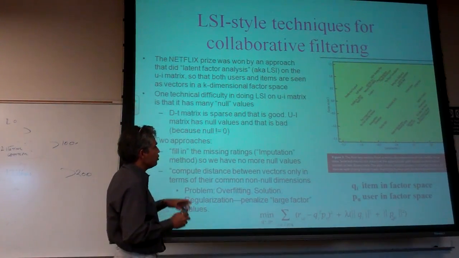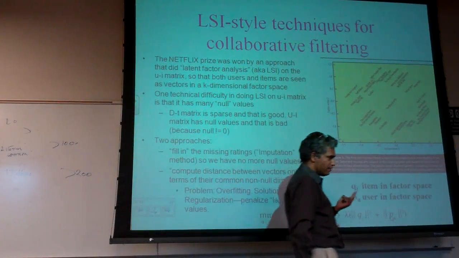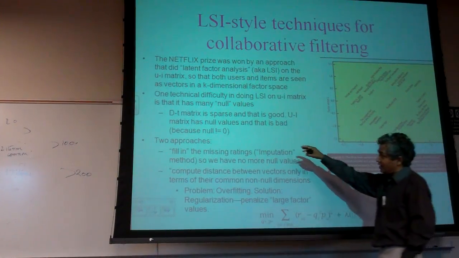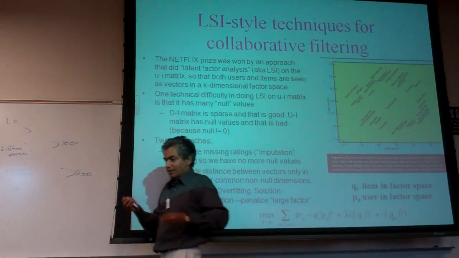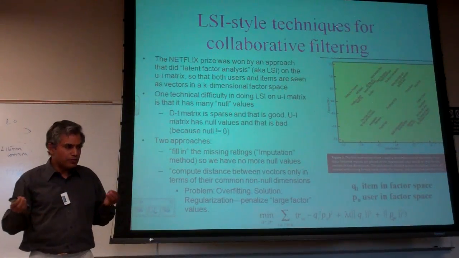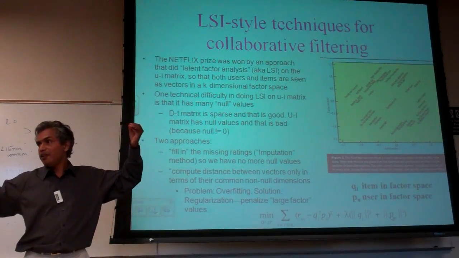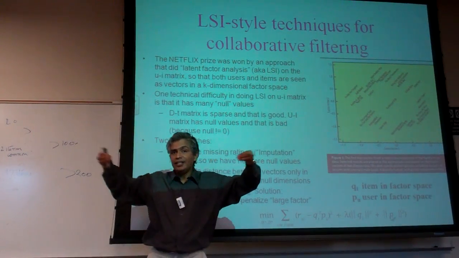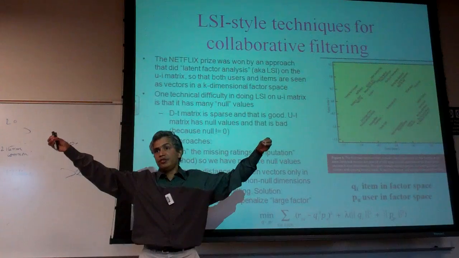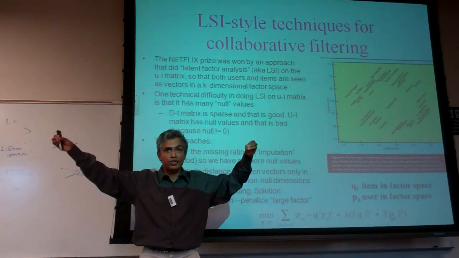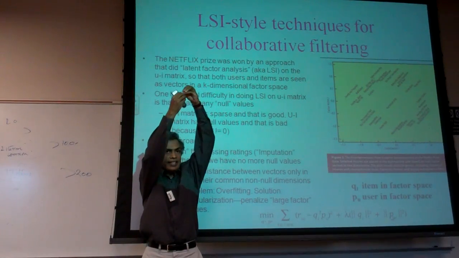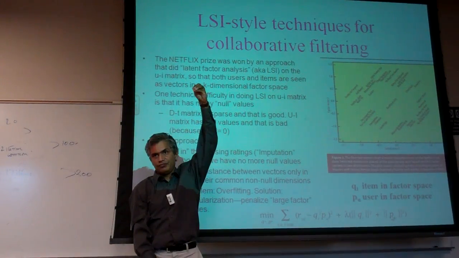Okay, so how do they deal with this? There are 2 ways of dealing with this to make the LSI look better. First of all, remember LSI is all about distances between points, right? And let's say there are 10,000 movies, and each movie is a vector in the space of 1 million users.